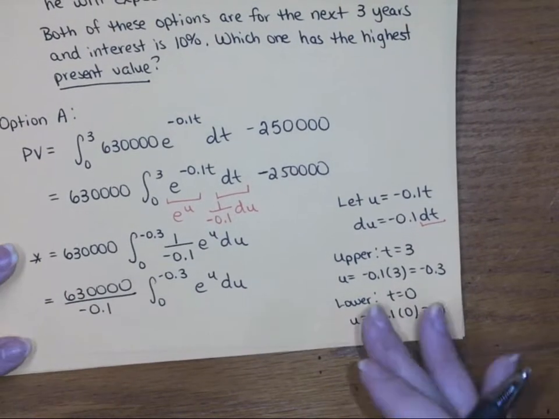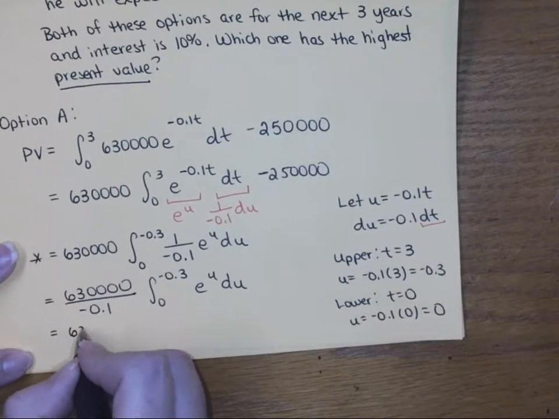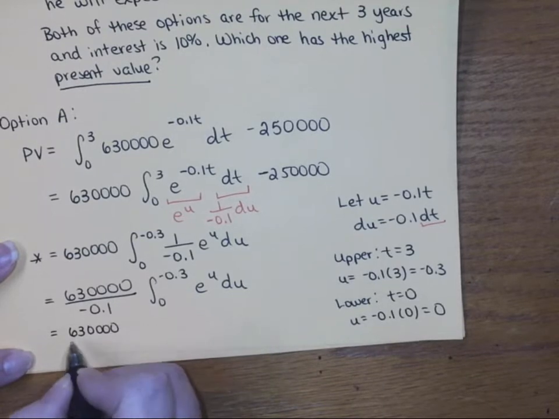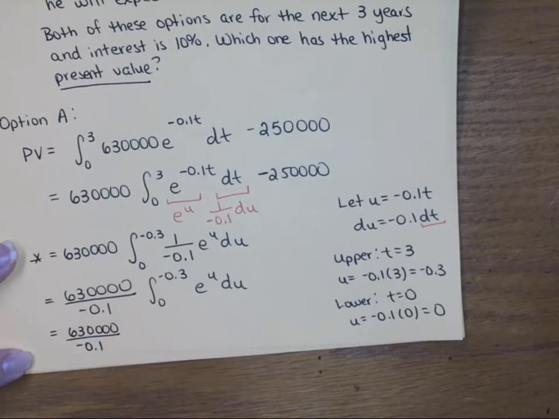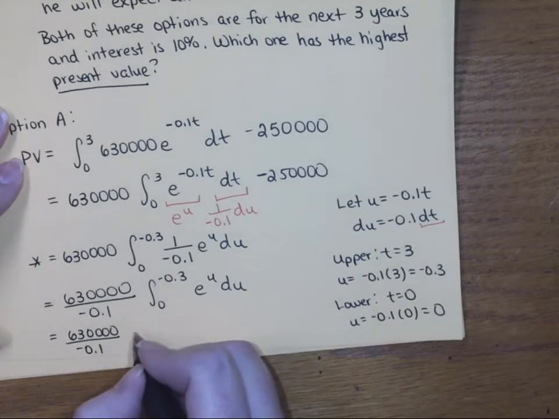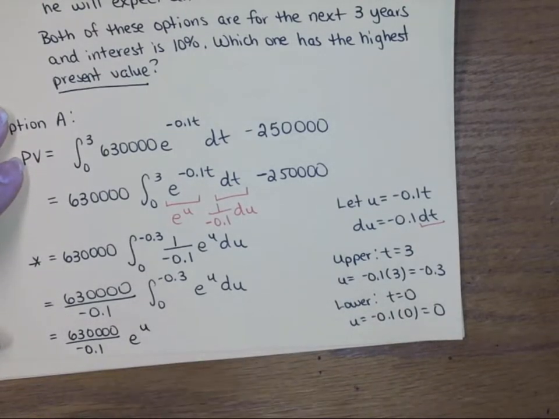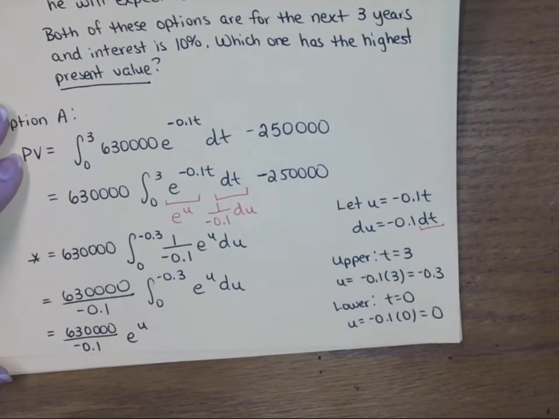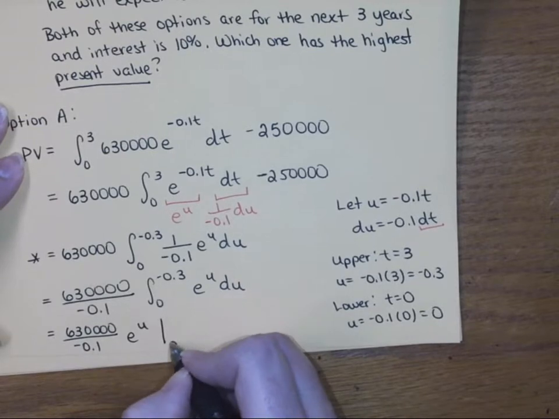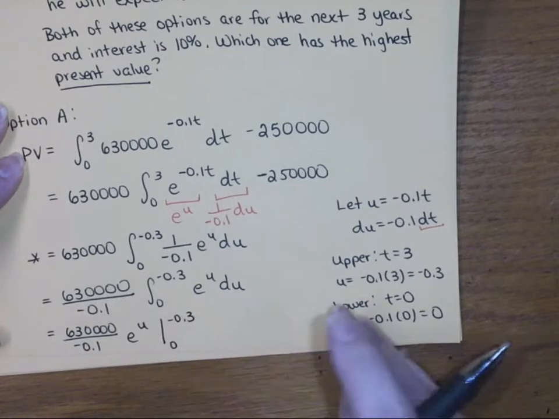So now let's take the antiderivative. The constant stays, 630,000 over negative 0.1. But the derivative of e is just itself. Antiderivative, I mean. Okay. Derivative also. And then I need to say, hey, I still need to plug this in.